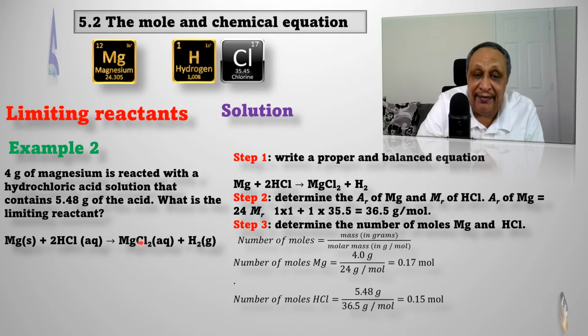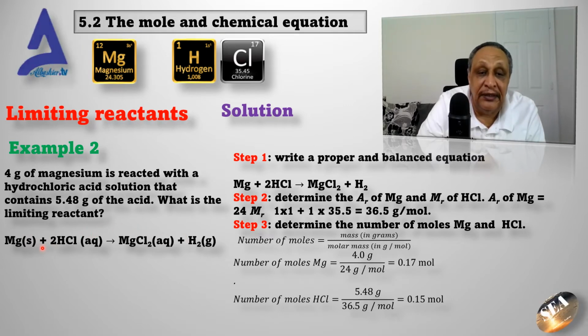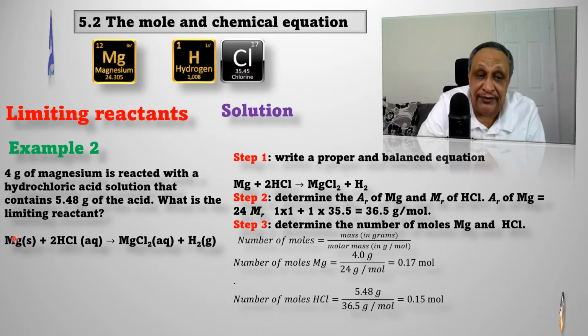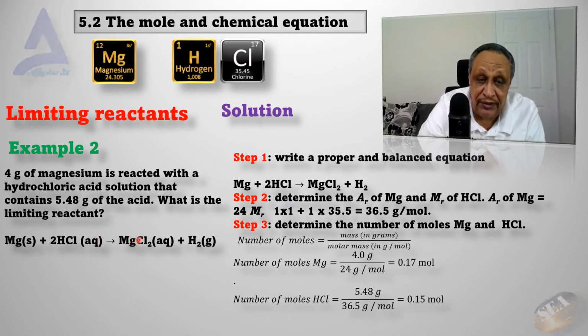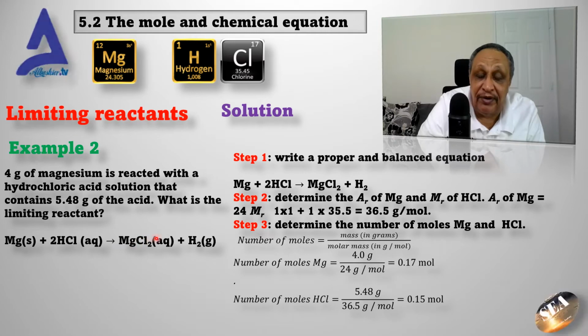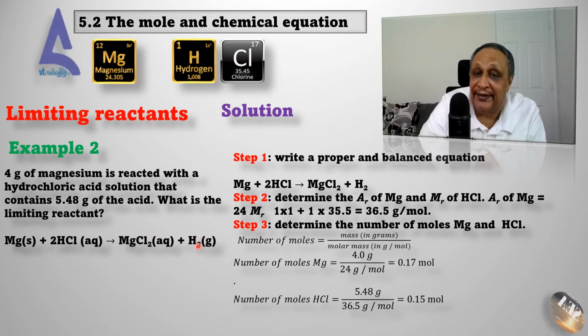And he gave us the type of equation and balanced equation. Magnesium is a solid, S stands for solid, and hydrochloric acid is an aqueous solution, that means it is a solution or liquid. Magnesium chloride is an aqueous solution, and H2 is a gas.